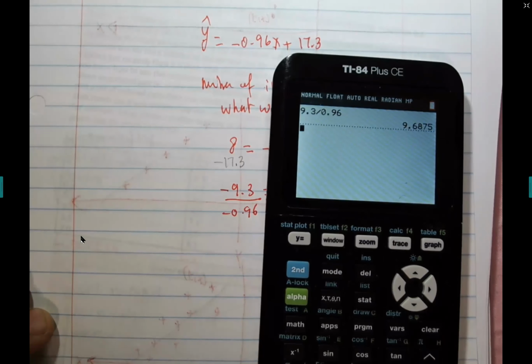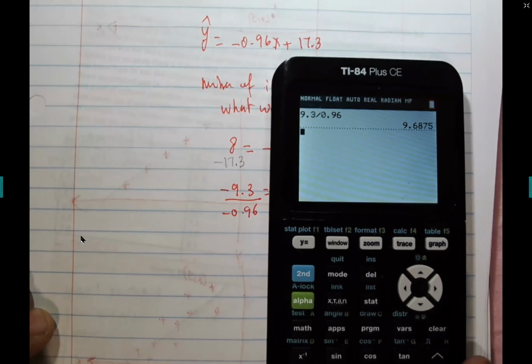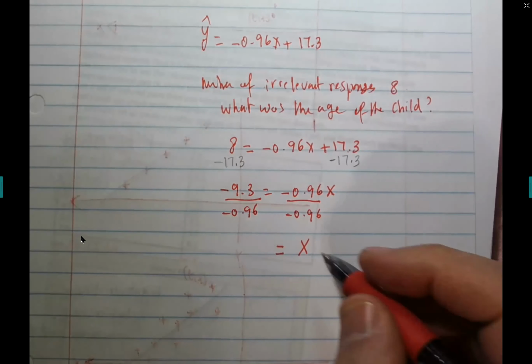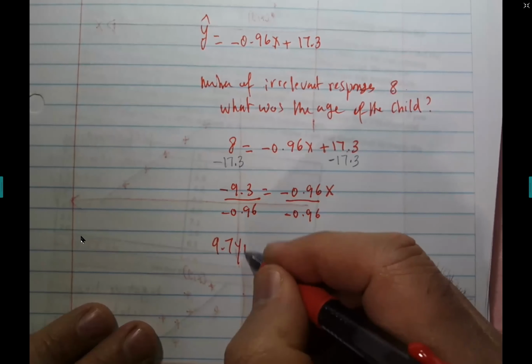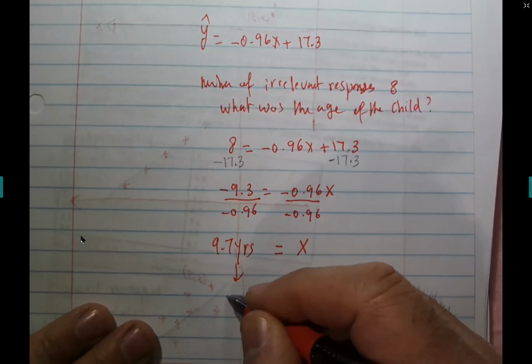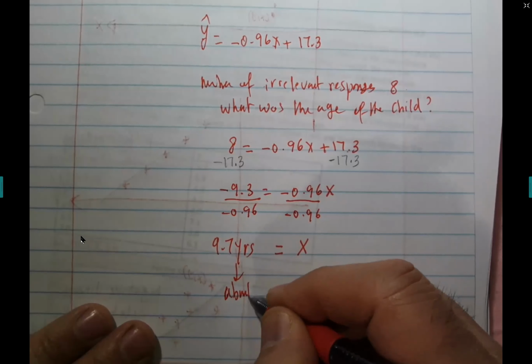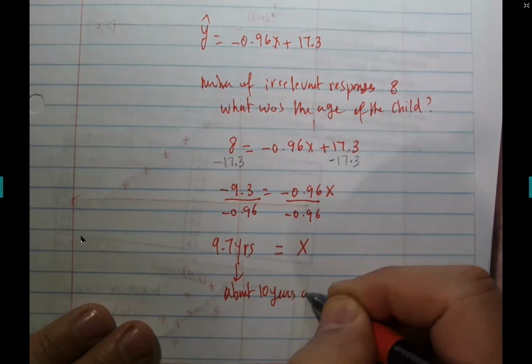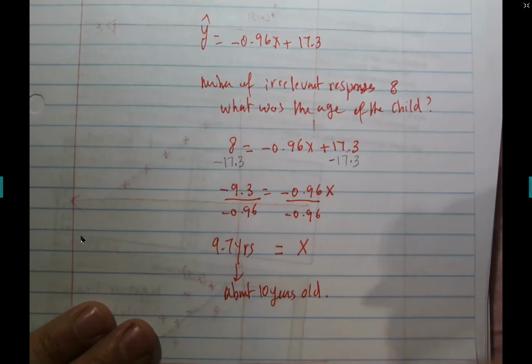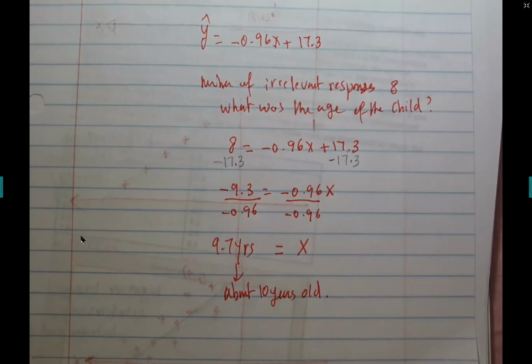So the age of the child is about 9.7 years. If he says, give me a whole number, just say about 10 years old. So that's it.